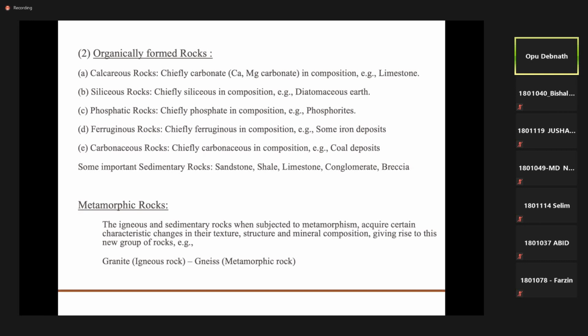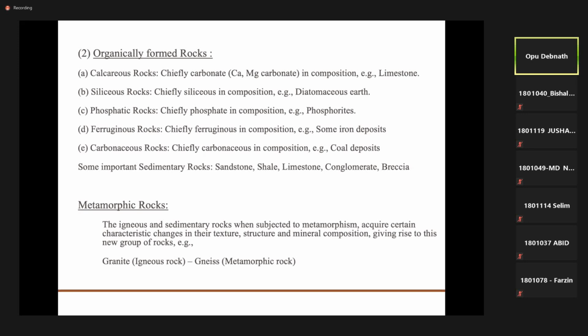Those types of living matter, due to some geological changes or natural disasters, are deposited in a layer, and thereafter microorganisms or living organisms help them to degrade.